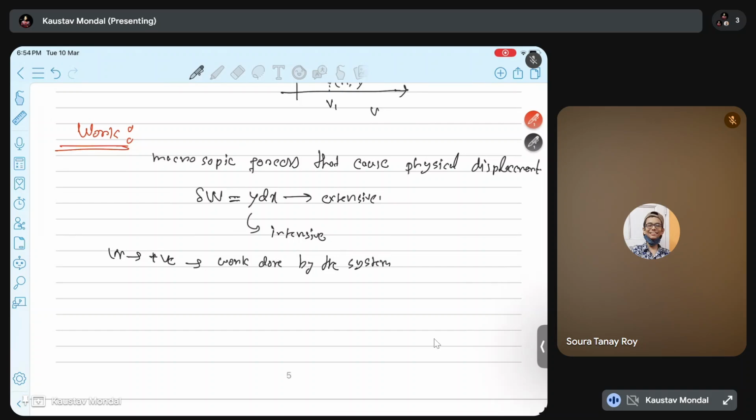If the sign is negative, it means work is done on the system. So you have to be very careful about the sign of the work done.